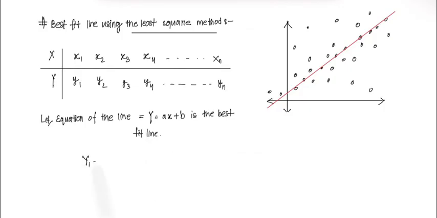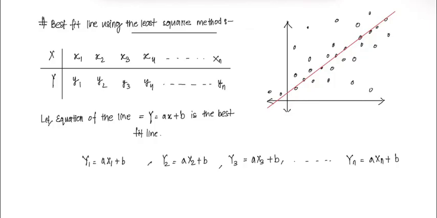The equation satisfies y1 equal to ax1 plus b, y2 equal to ax2 plus b, y3 equal to ax3 plus b, like that, up to yn equal to axn plus b.